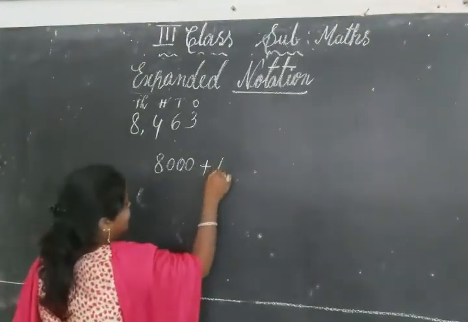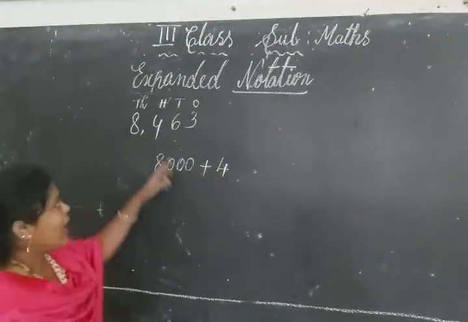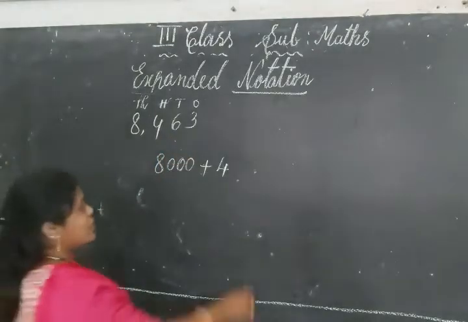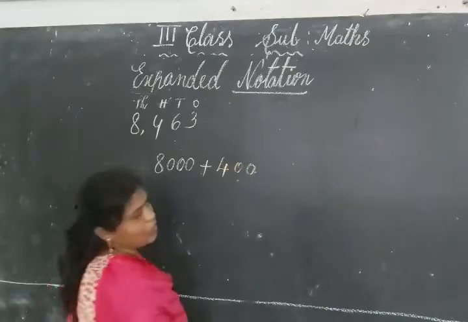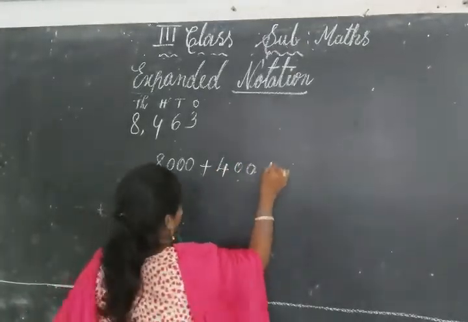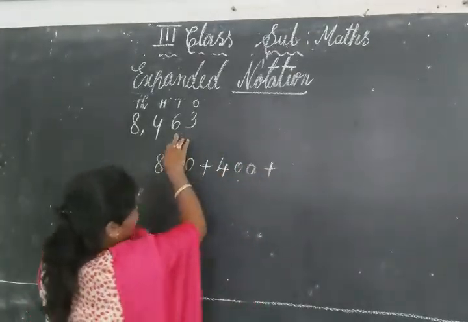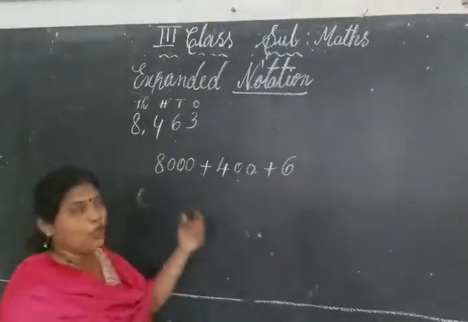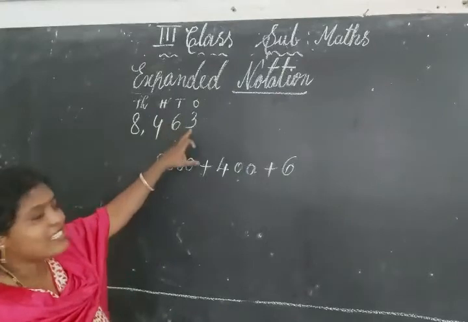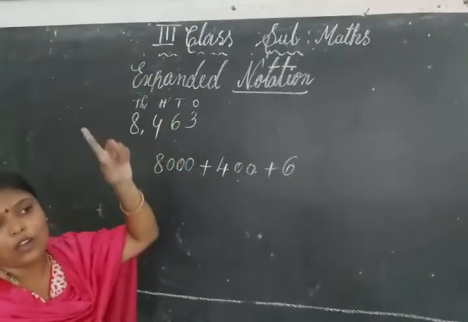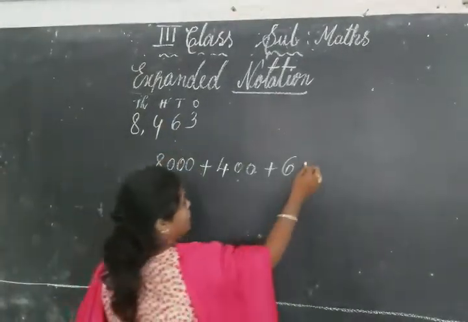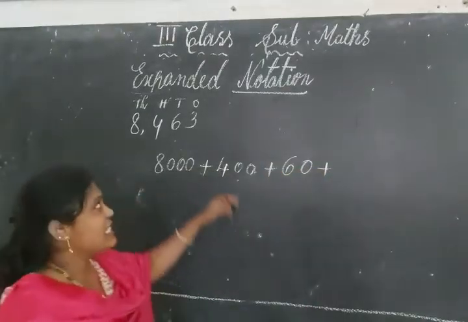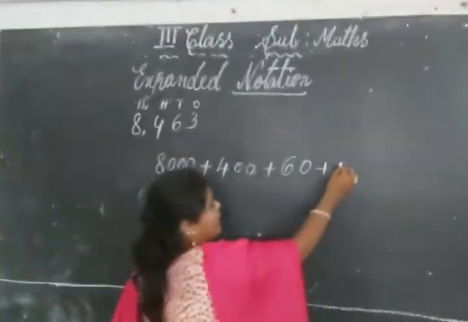4. So it is 8,000 plus 4. How many digits can you see after 4? 2. So place 2 zeros, that is 400, plus what is the third digit, children? It is 6. How many digits can you see after 6? Only 1. So place only 1 zero, plus what is the last digit? 3.